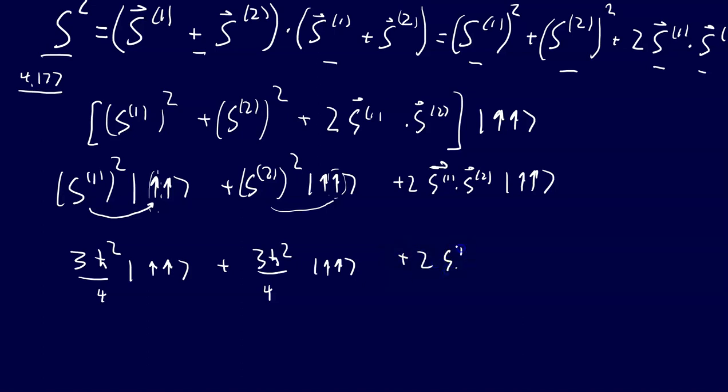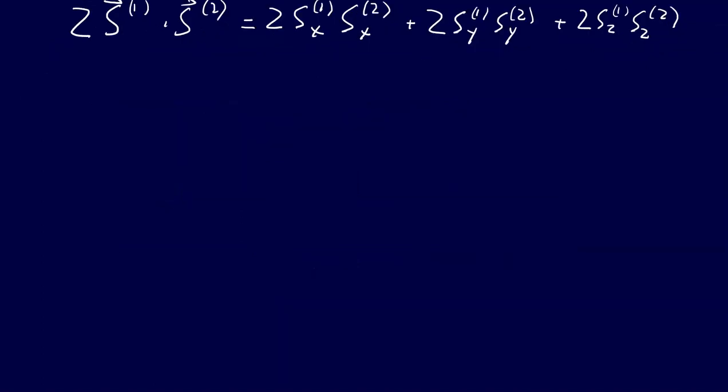And then again, this is the one where things get a bit more complicated. But for those first 2 terms, it'll work out like this for all of your different pieces. And so now let's go through and see if we can make a little bit more sense of this dot product. So there's different ways to express this. If you look around, you might find a different way that works a little bit better, but I'm just going to stick with what Griffiths did. And so the simplest way to write this is just to literally take the dot product of S1 and S2.